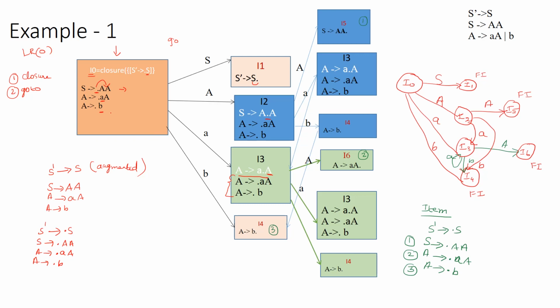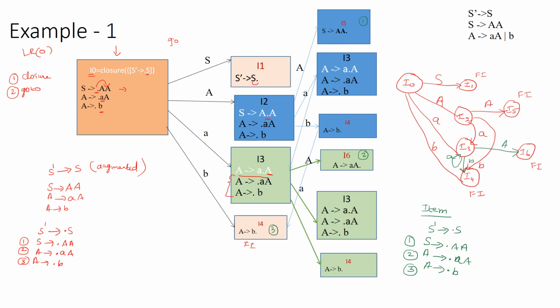And now we apply small b. When we apply small b, A derives b dot. So there are no other items to be read. So this is our final item and it is based on the third production. So this is our first production, this is our second production and this is our third production.